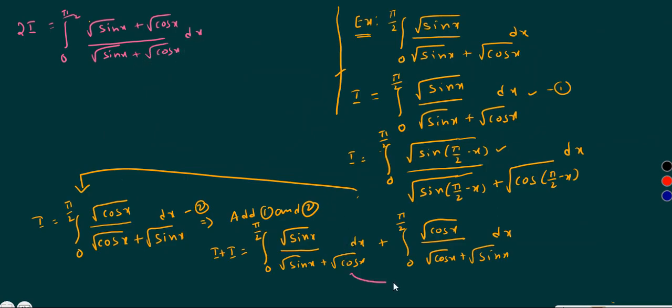Denominator same here, so add the numerators. Numerator and denominator both same means cancel. Integration of dx means what? x. What are the limits here? 0 to pi by 2.